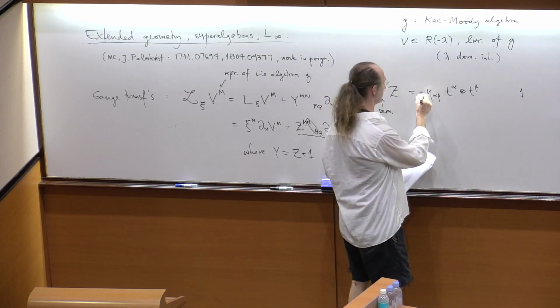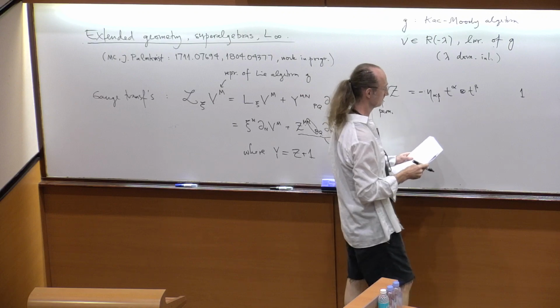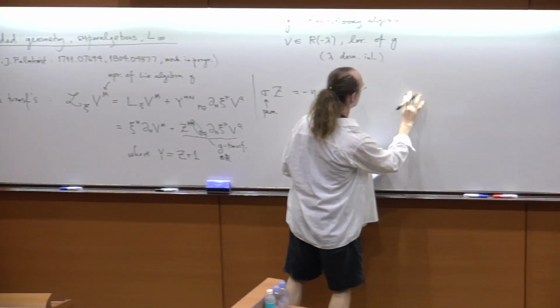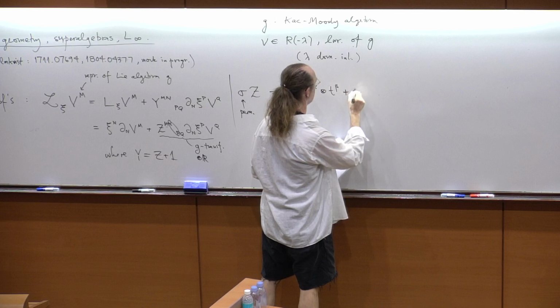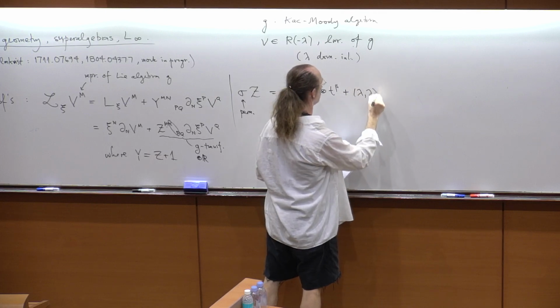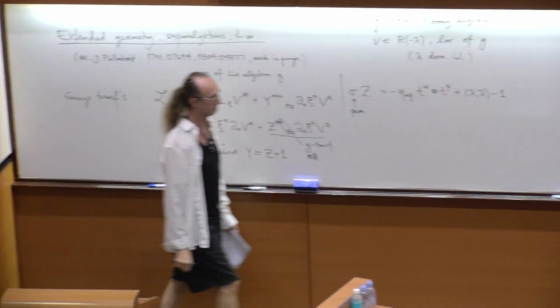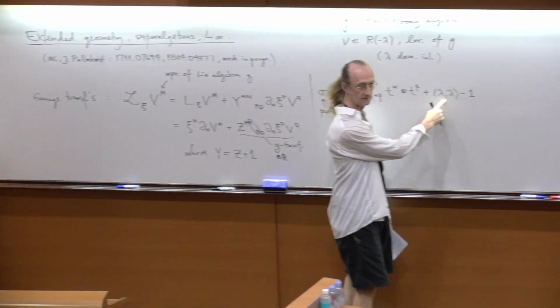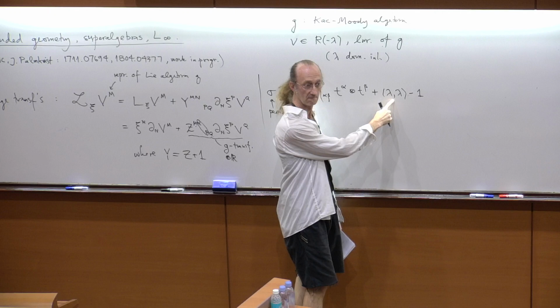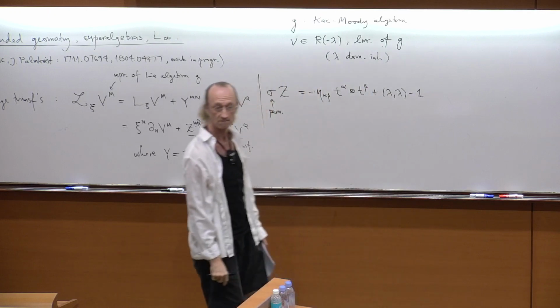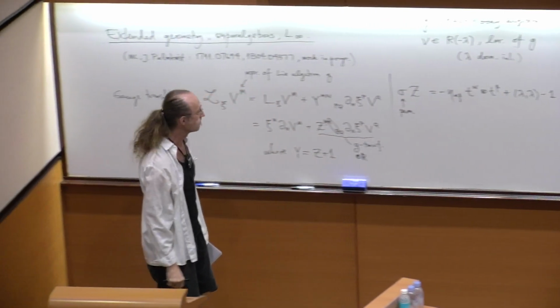Turns out I want a minus here. It turns out I want this number, where this is the length square of the lowest weight. That's it.